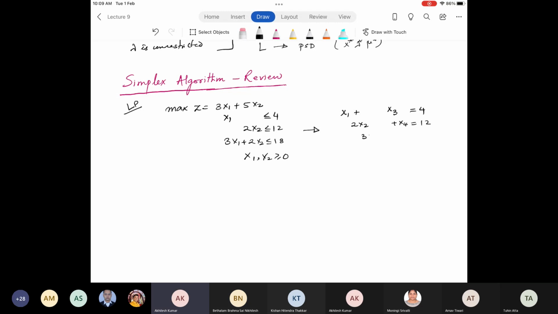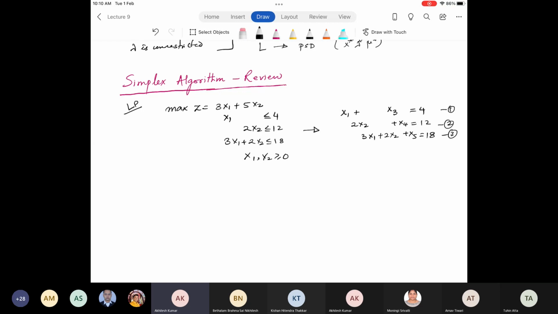Because we have to solve a system of equations to find the solution, we need to make it an equality constraint, right? And 3x1 plus 2x2 plus x5 equals 18. These are called our equations 1, 2, and 3. These are the functional constraints which we solve to find the feasible solution.